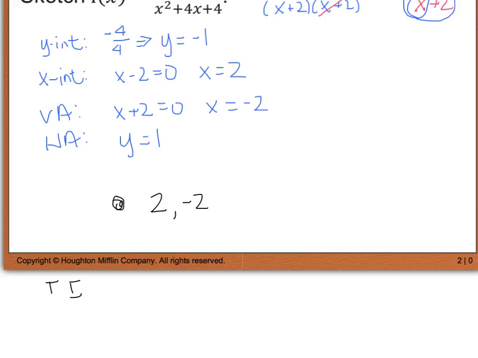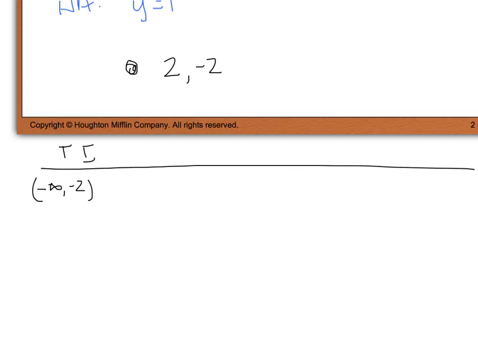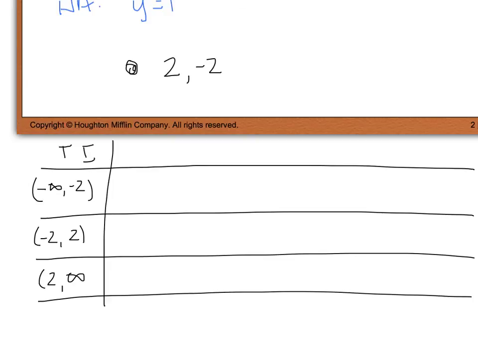So now let's fill in our test intervals: from negative infinity to negative 2, then from negative 2 to 2, and then from 2 to positive infinity. We're going to pick a test point for an x value, and I will go with negative 3, 0, and 3.